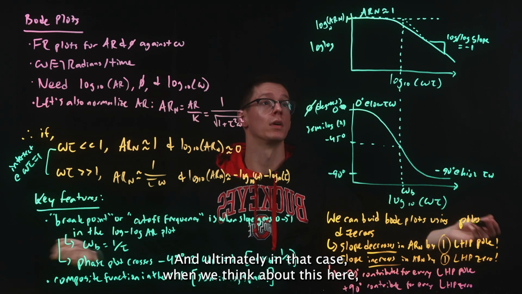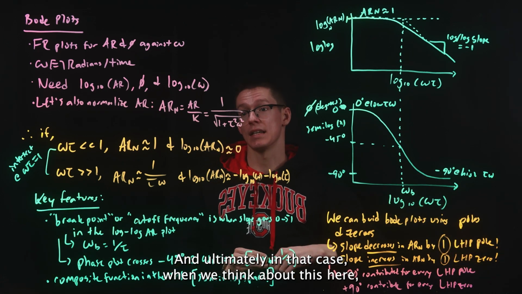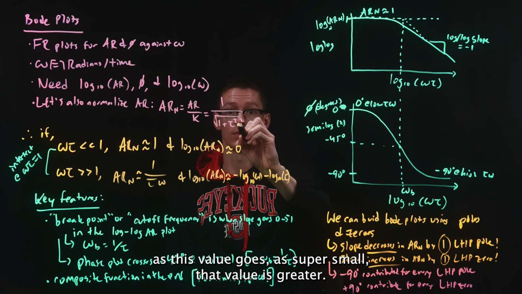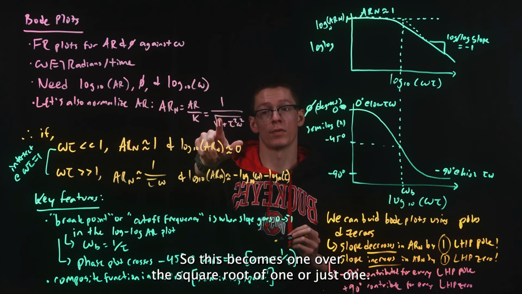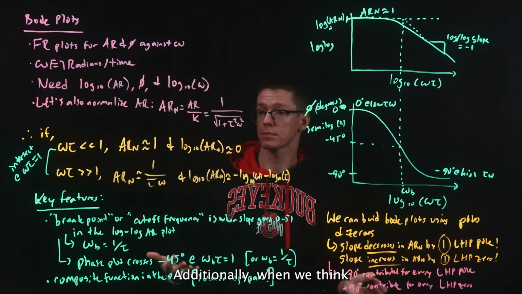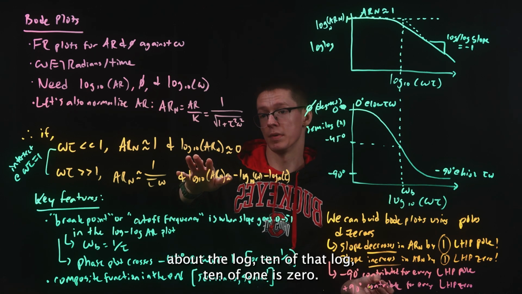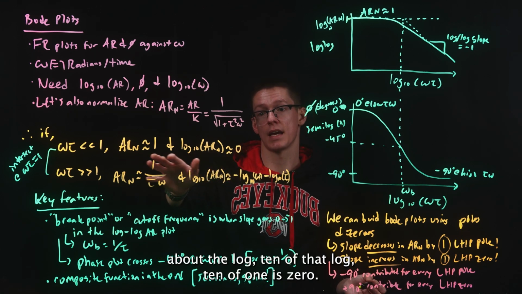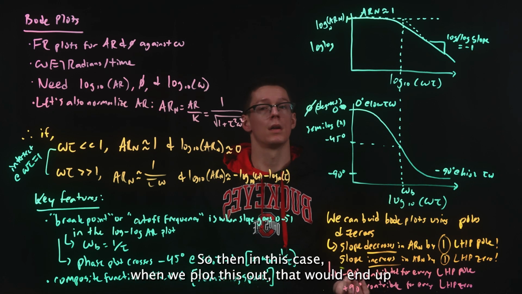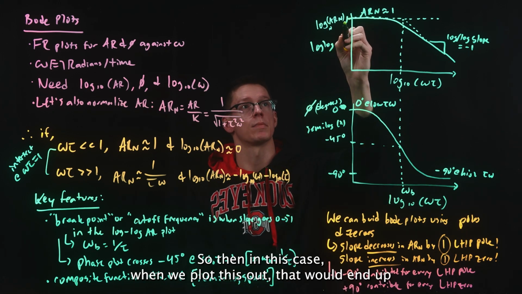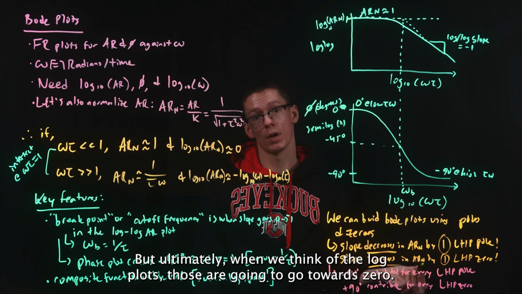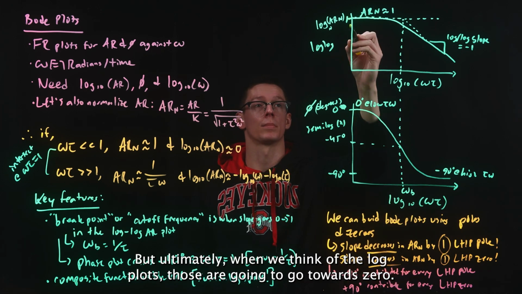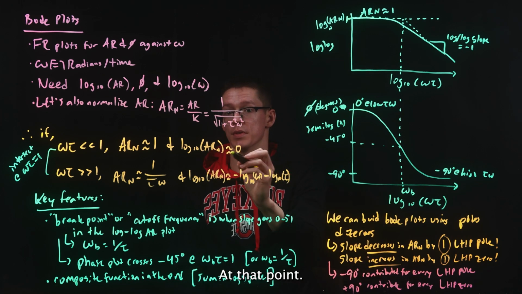As this value gets super small, the other term is greater, so this becomes 1 over the square root of 1, or just 1. Additionally, log 10 of 1 is 0. So when we plot this out, that would be 10 to the 0, or 1, but ultimately for the log plots, those are going to go towards 0 at that point.